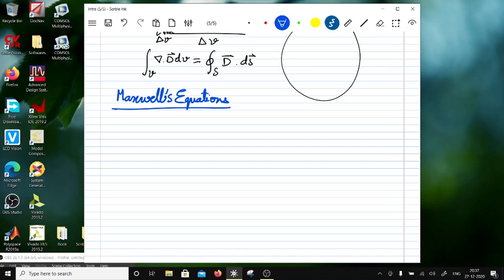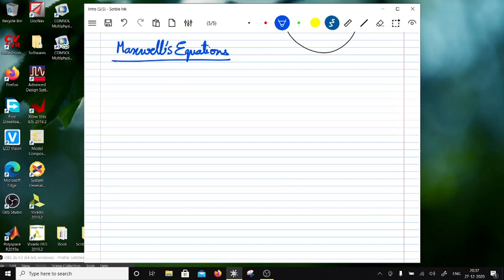So these are nothing but cause and effect equations. When I say curl of H, we are talking about loop of H. What is responsible for curl of H is Js plus dou D by dou t. Now see this, this has a time variance associated with it.